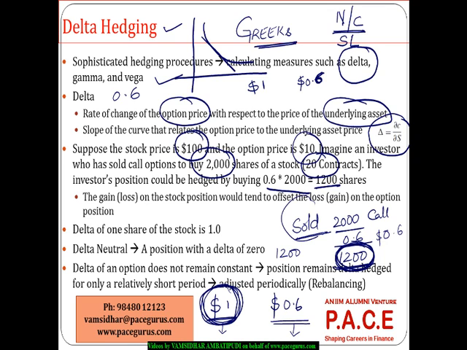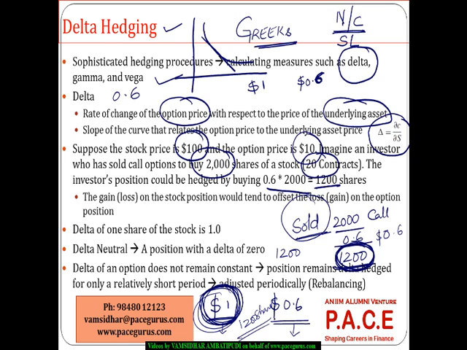As a seller, I'm losing $0.6, because I sold it at some amount and now the price has gone up; I could have sold it at a higher amount. So my loss is $0.6 on each, and I have sold 2000 calls, so my loss is $1,200. Now how can I compensate that? If I had bought 1200 shares, each share has resulted in a $1 increase.